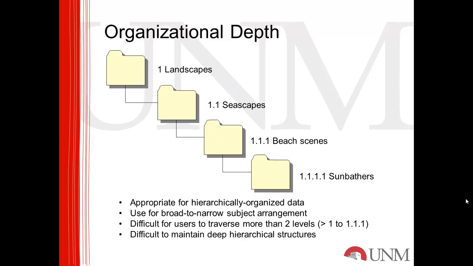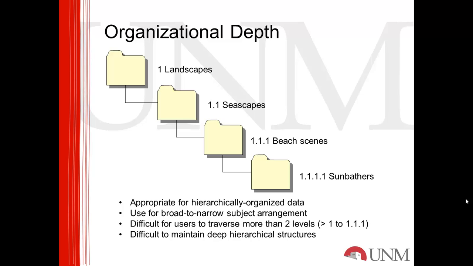By contrast, organizational depth continues to subdivide information at lower and lower and more specific levels, so that files that cover very broad topics tend to be at the top of the organizational ladder, and files that deal with very specific topics tend to be several levels down in a subfolder organization.